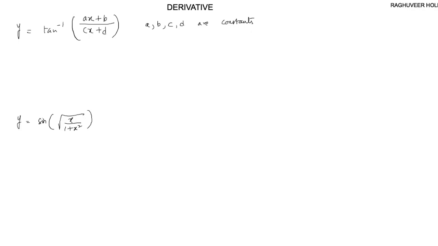Okay, let us try to find the derivative of y is equal to tan inverse of (ax + b) by (cx + d), where a, b, c, d are constants.